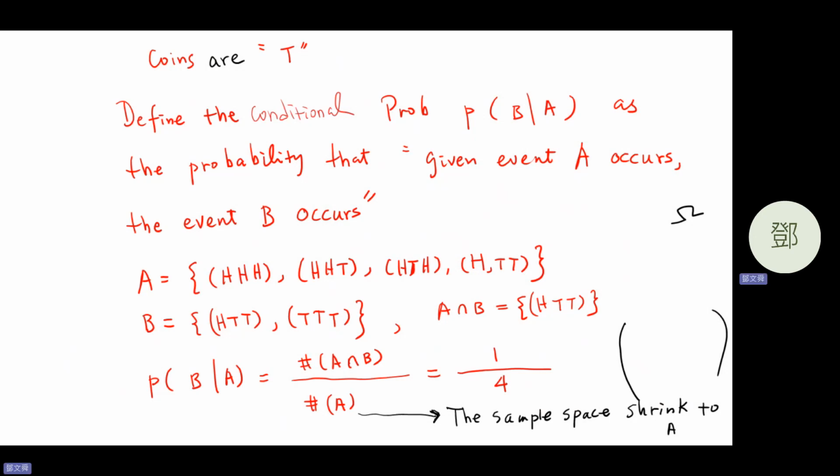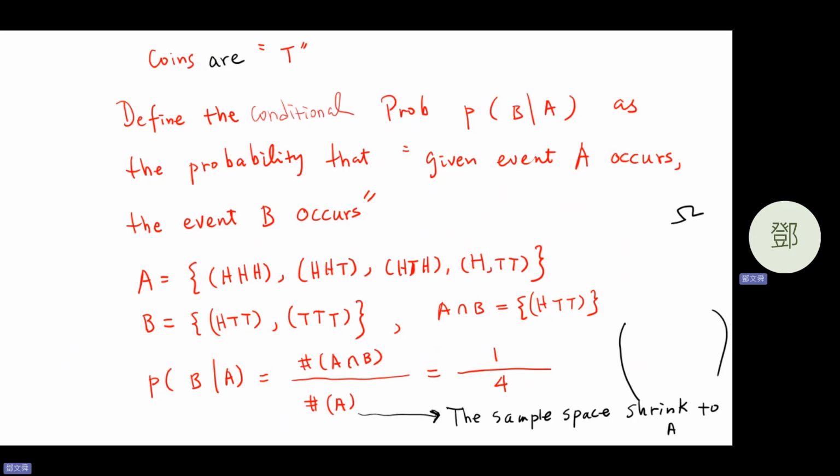So the upper part should be A intersection B, because you were given that A occurred.